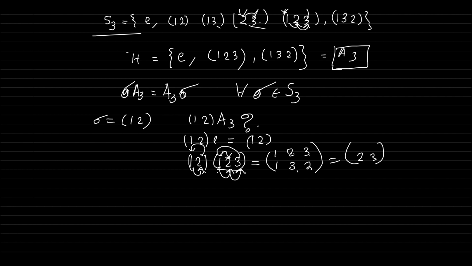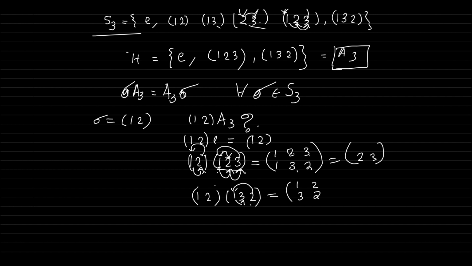Now find (1 2)(1 3 2). Here 1 maps to 3, and in the first cycle 3 maps to 3. So 1 to 3. Next 2: here 2 maps to 1, and in the first cycle 1 maps to 2. So here it is 2.